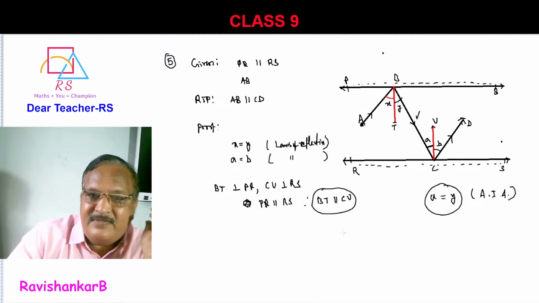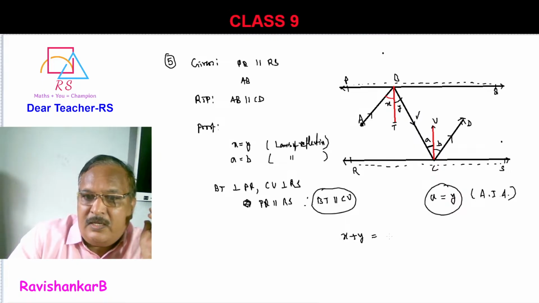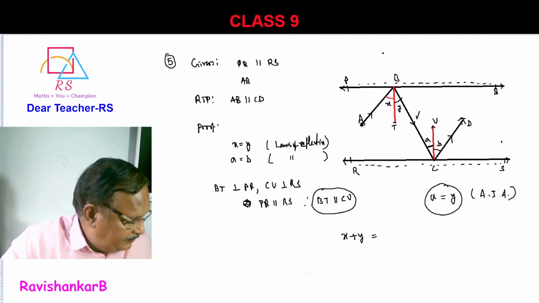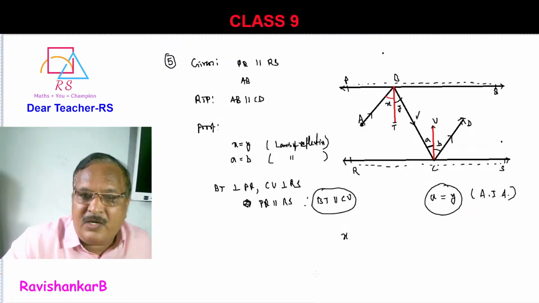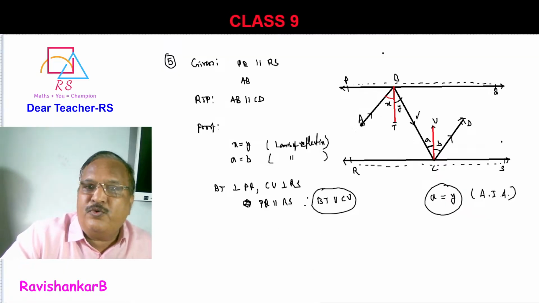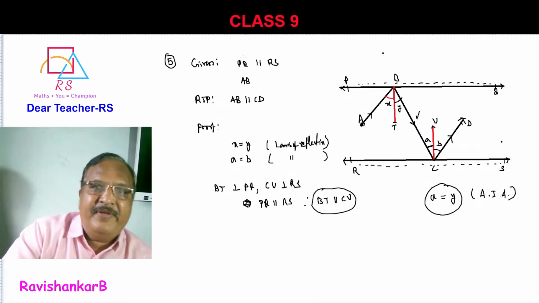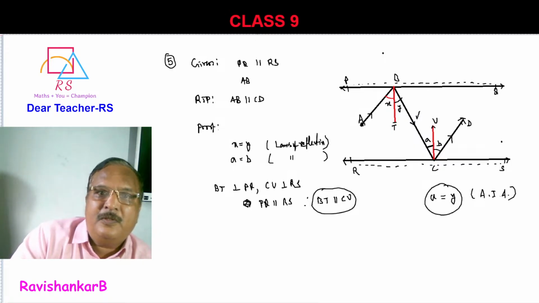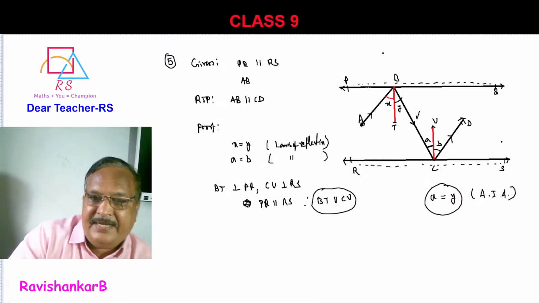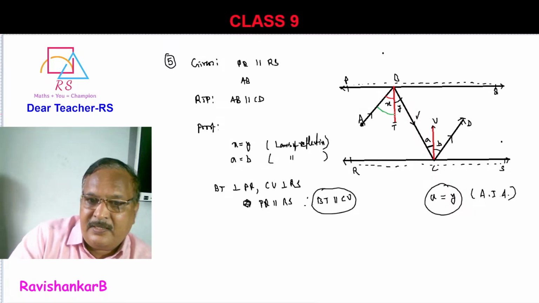Now we have to prove x plus y is equal to a plus b, because ultimately you have to prove AB is parallel to CD. If AB is parallel to CD, then these become alternate interior angles.